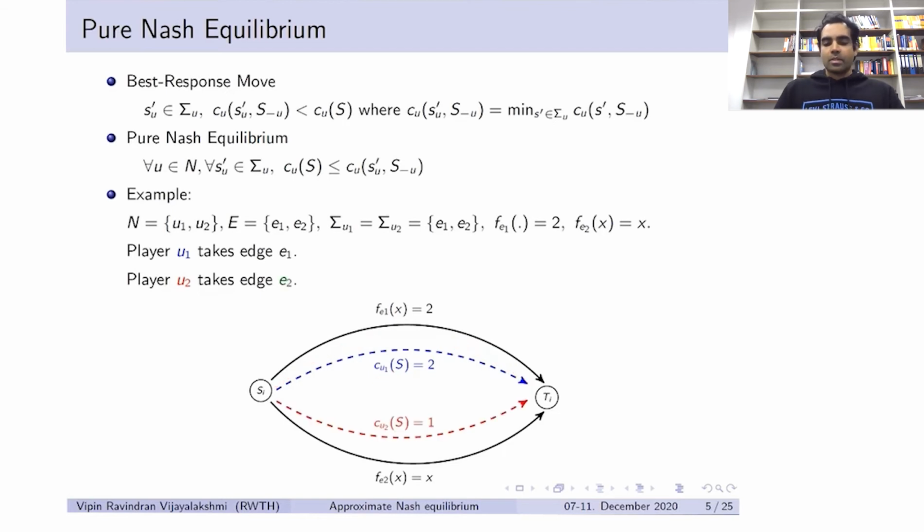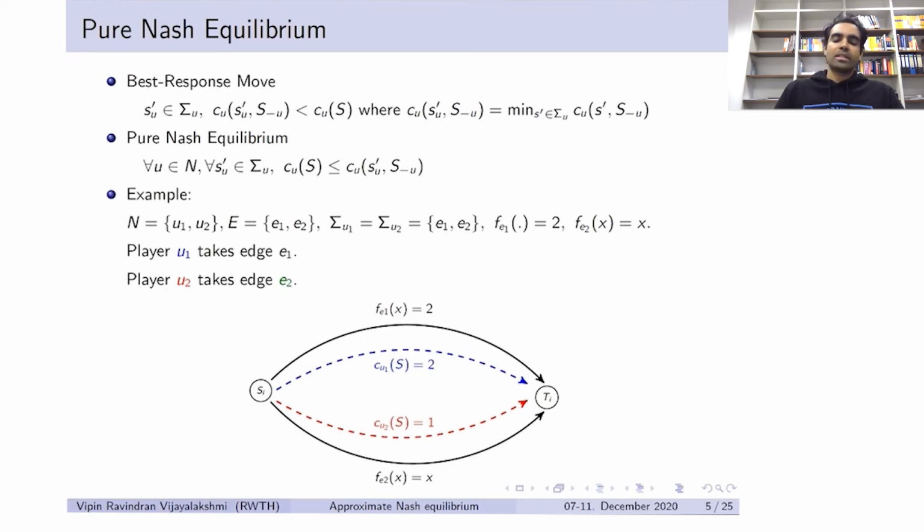Now, the red player has a cost of 1, and the blue player still has a cost of 2. But this game is now a pure Nash equilibrium because none of these players has a better deviation move. That is, the red player does not want to deviate to the top edge because that would only increase his cost, and the blue player does not want to deviate to the bottom edge because the cost doesn't change. And we say the game is in an equilibrium.